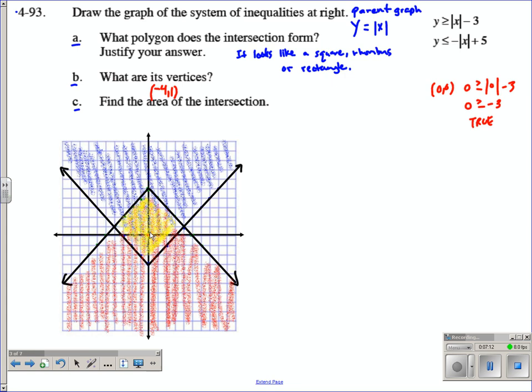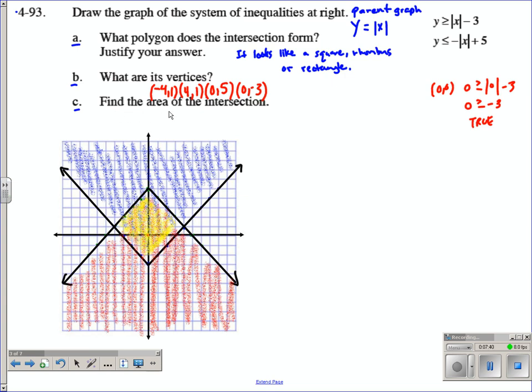We also have one at 4, 1. We've got one at 0, 5. And we have the point 0, -3. Those are the vertices of this shaded region.